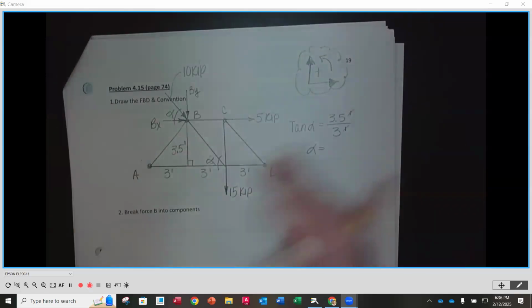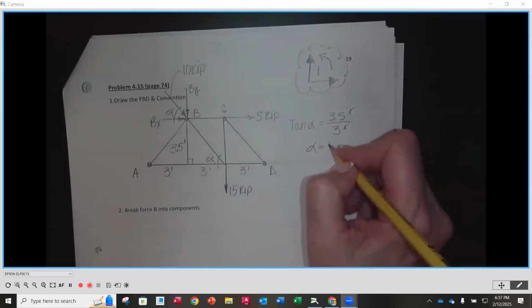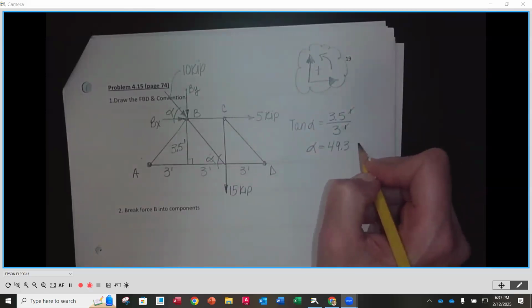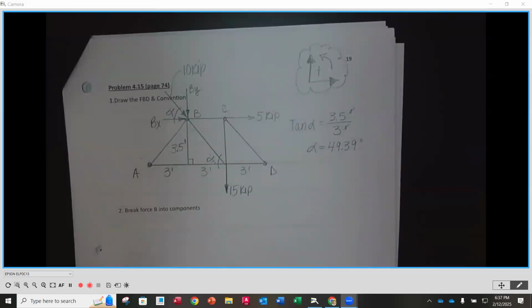Calculating for alpha, let me know what you get. I got 49.39 degrees, or 49.4 if you round up. I like 49.39 degrees. I don't mind holding an extra decimal.